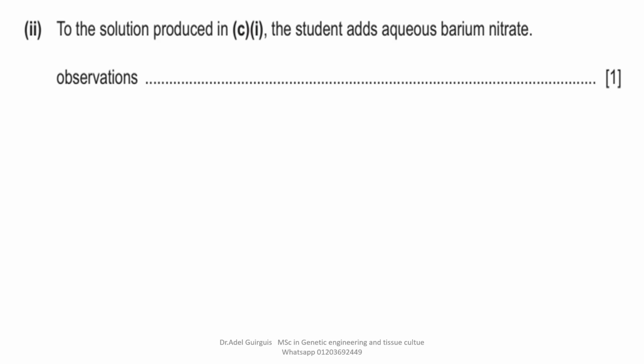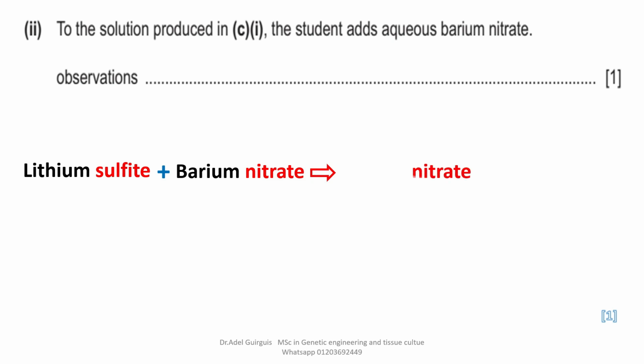To the solution produced in C(i), the student adds barium nitrate. Observations: lithium sulfide and barium nitrate undergo double displacement, giving lithium nitrate and barium sulfide.